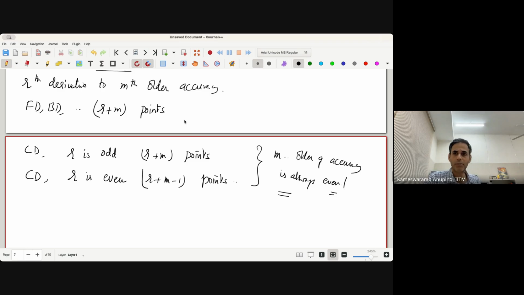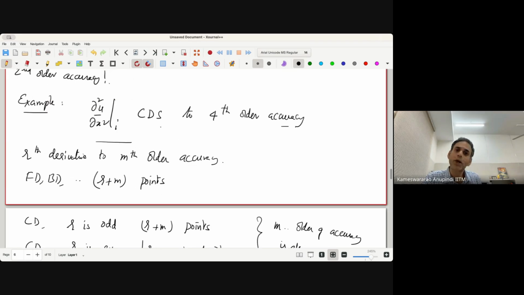So with this background, we can go back and see what will be the stencil for dou square u by dou x square to fourth order accuracy. Our derivative is a second derivative and accuracy is 4. Because this is an even derivative, we just need r plus m minus 1 points. So this is going to be 6 minus 1, which is 5 points.